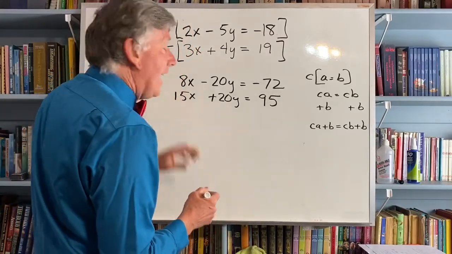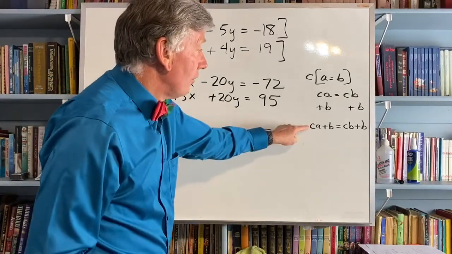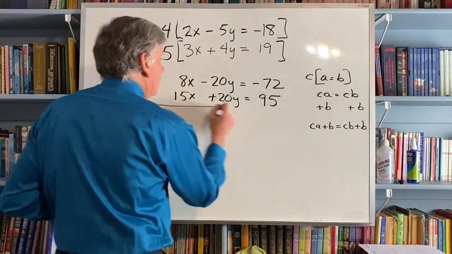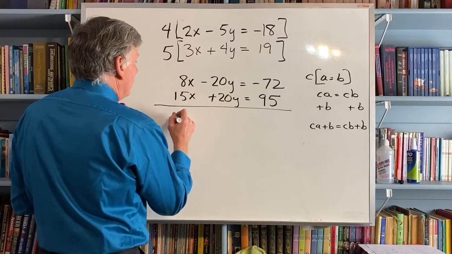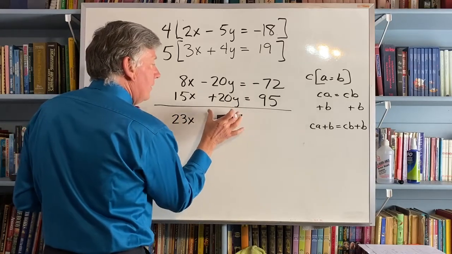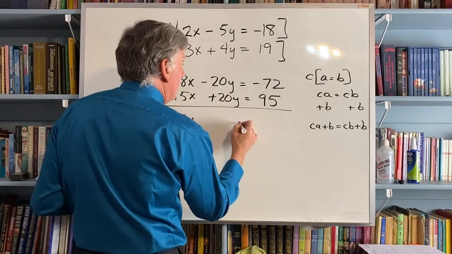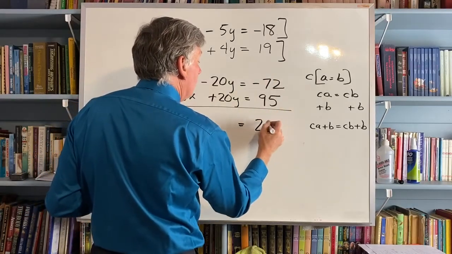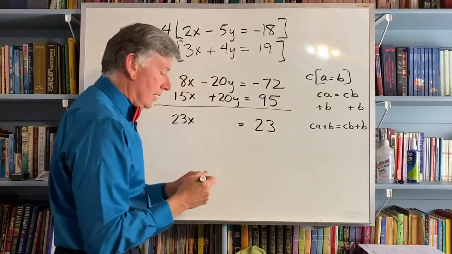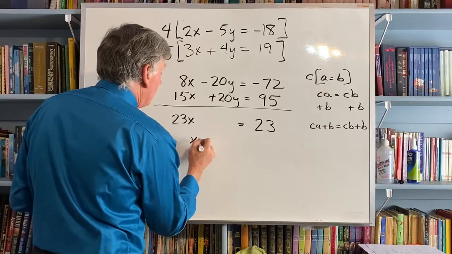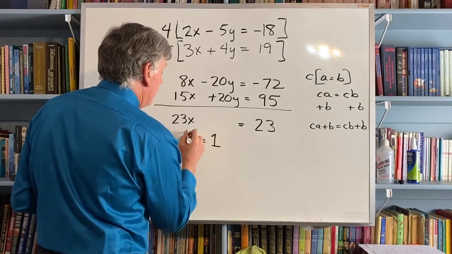Now I'm going to add these two equations together, which is basically what I did over here. Draw my line. I get 23x plus 0y is equal to 95 minus 72, which is 23. It's pretty nice. Now I know that x is equal to 1.